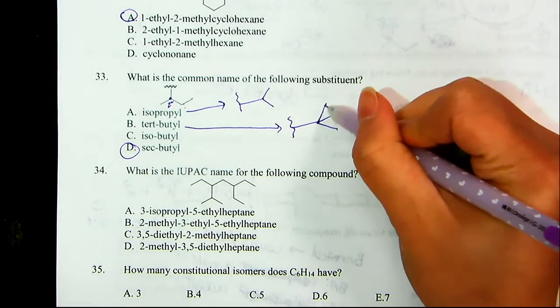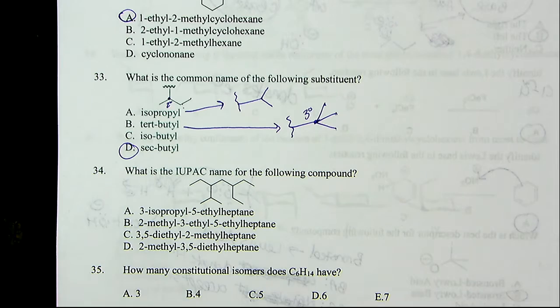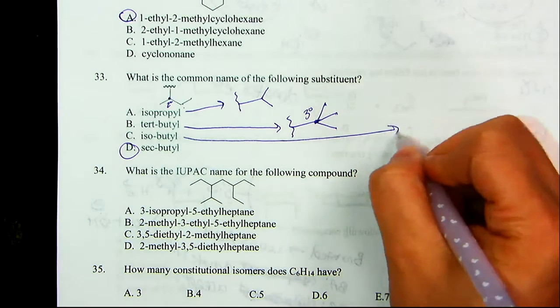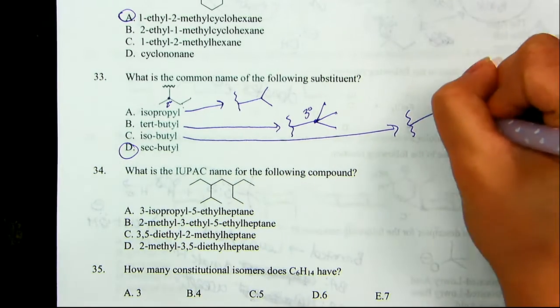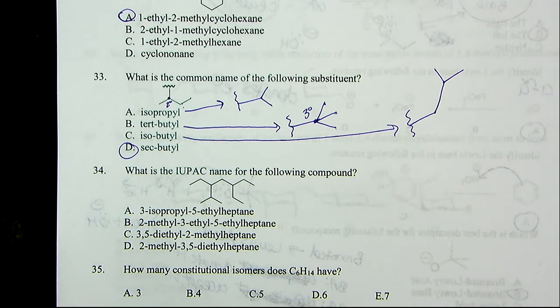This has 3 carbons attached to it, so it's a tertiary butyl group. That's where we get tert-butyl from. And isobutyl looks very similar to isopropyl, but we have a carbon coming off of it giving us an extended bond.